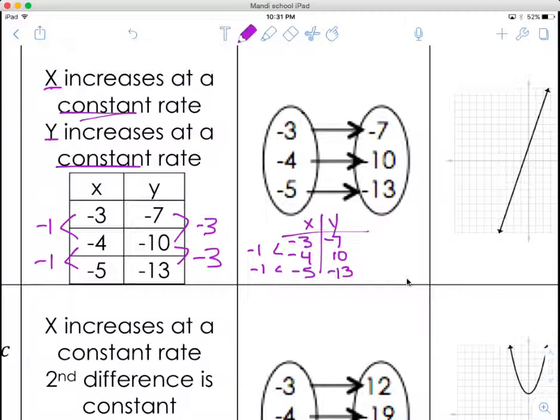And this one goes from -7 to... oh, I think that's a -10. Look right here. I think that negative sign got covered by the arrow. So let's do that again. -7 to -10 is a decrease of 3. -10 to -13 is a decrease of 3. And it's decreasing by the same amount. So that's how you tell if it's linear.